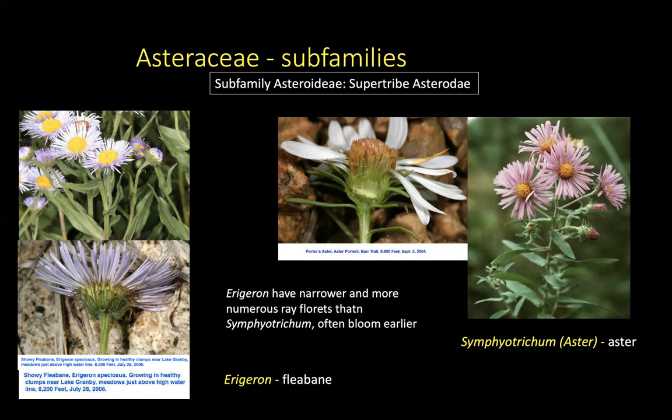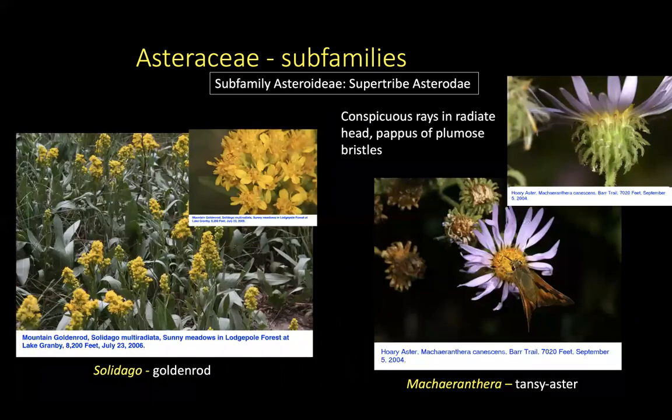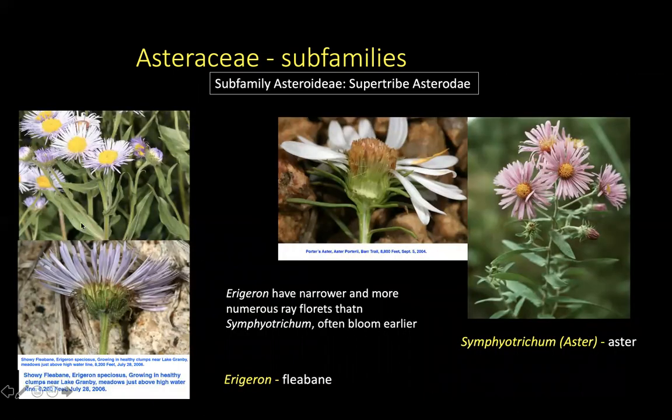Very easy to confuse with Machaeranthera, as well as with this guy, the Erigerons or the fleabanes. So contrasting these two here, which are really easy to get confused. Erigeron, or the fleabanes, are going to have much narrower and far more numerous ray florets to the outside than true Symphyotrichum does.